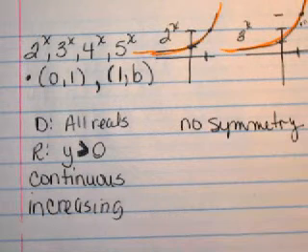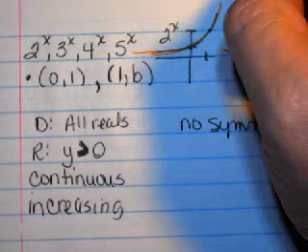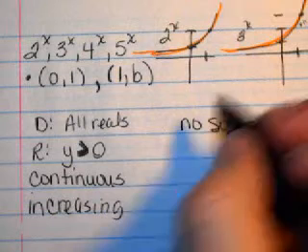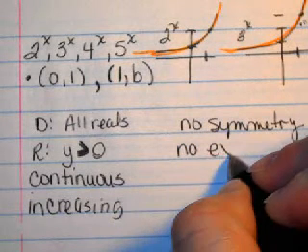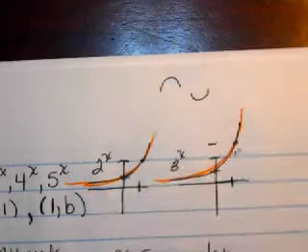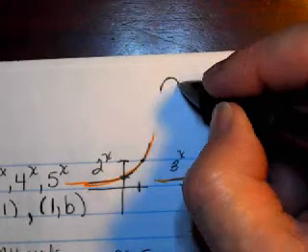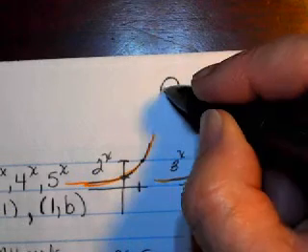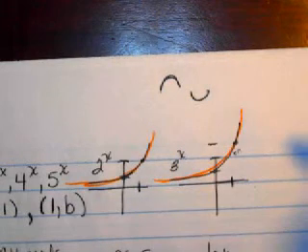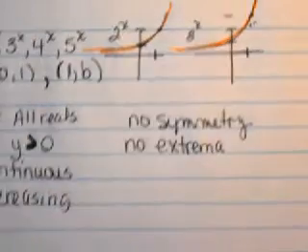No symmetry. Do they have extrema? In other words, do they have a high point or do they have a low point? No. No extrema. And when I say a high point or a low point, that means it curves. It does a curve, so it would come up and curve back down, or come down and curve back up. That's our high and our low. That's what extrema means. No, this doesn't do that.